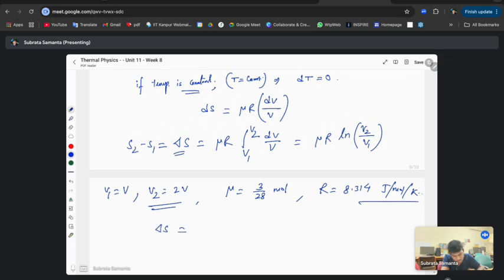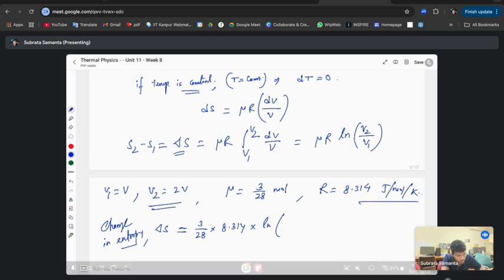The change in entropy delta S is basically 3 over 28 times R, 8.314, times ln of 2V over V, so V cancels, so this is basically ln 2.